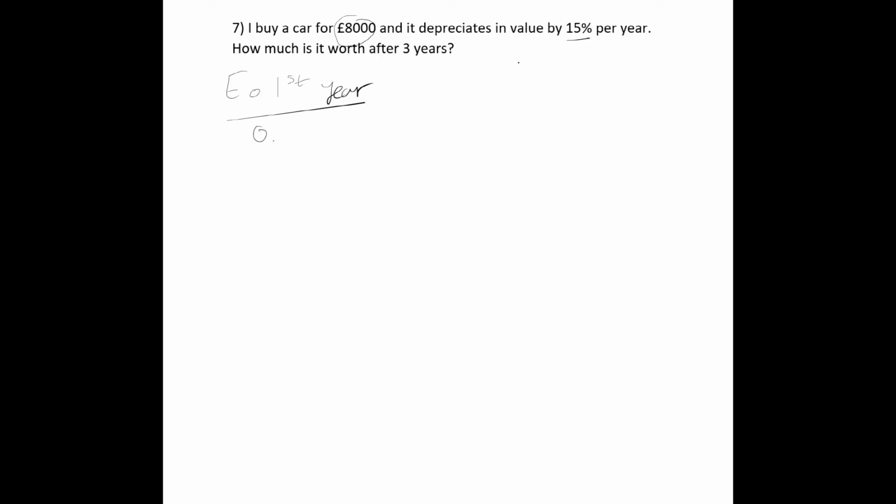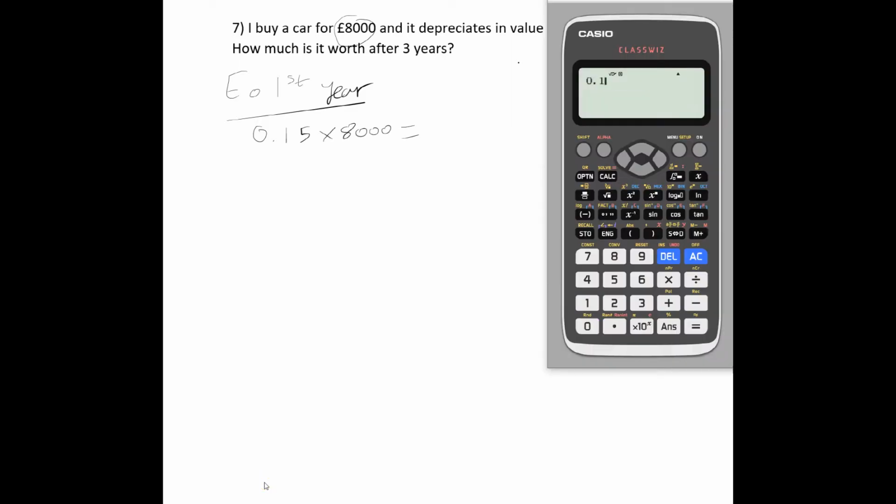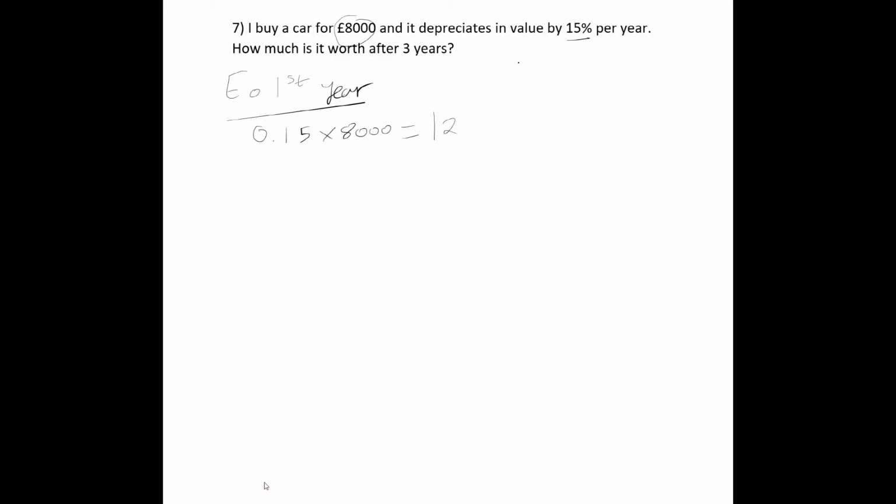So I work out 15% of 8,000 by doing 0.15 times 8,000. That gives me £1,200. I need to subtract this from 8,000, which will give me £6,800. So after 1 year, that is how much the car is worth, £6,800.